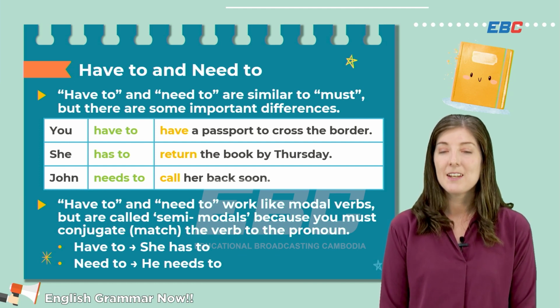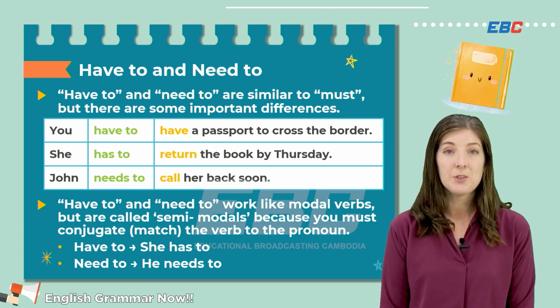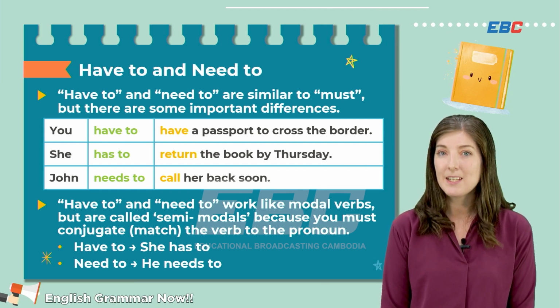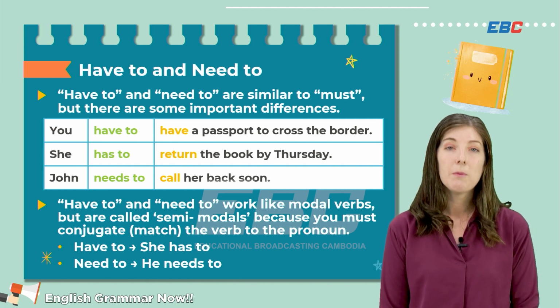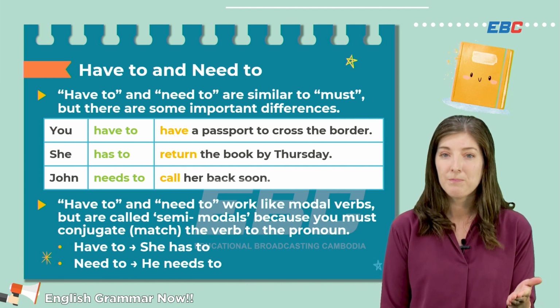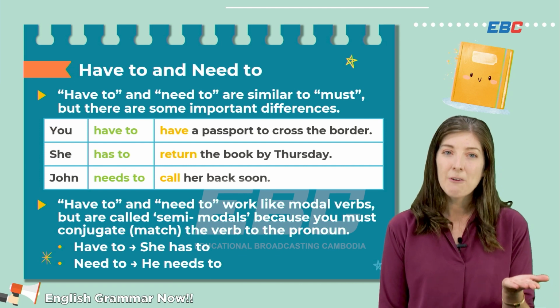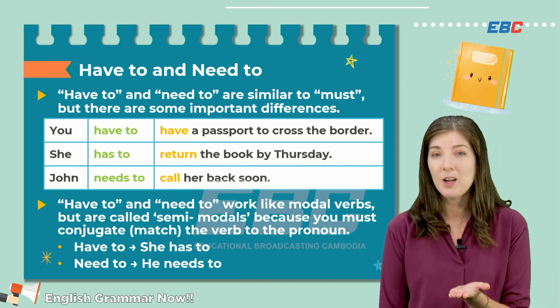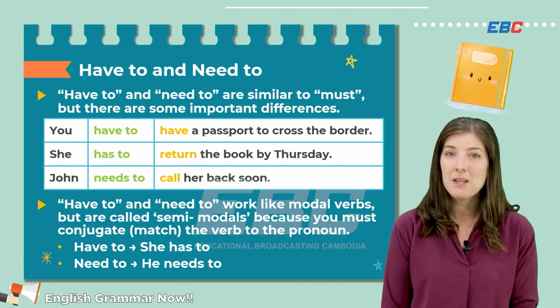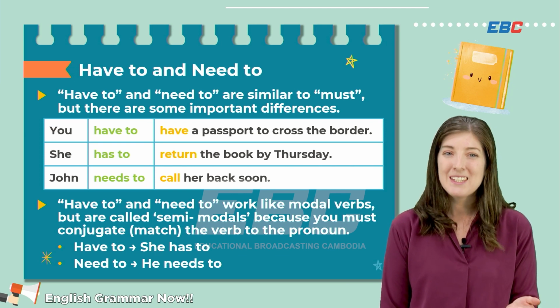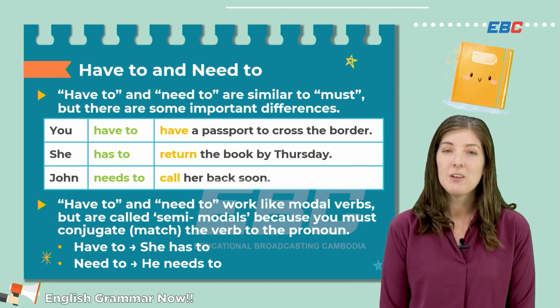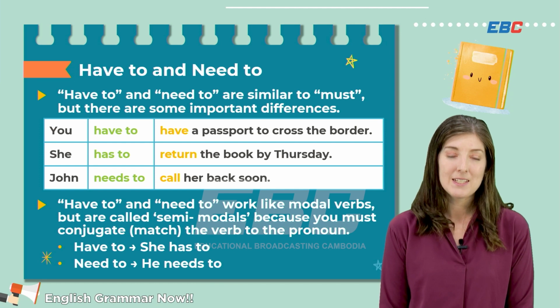You can see that have to and need to go in the same place as a normal modal verb like must. They come before the main verb. However, have to and need to are actually called semi-modals, which means they work a little differently than normal modals like must.